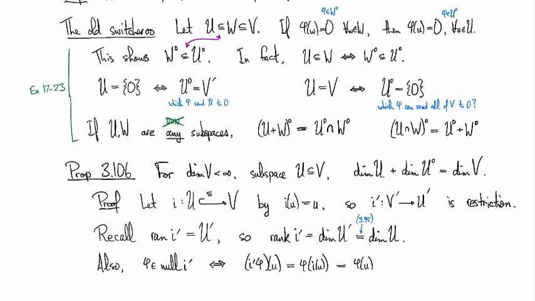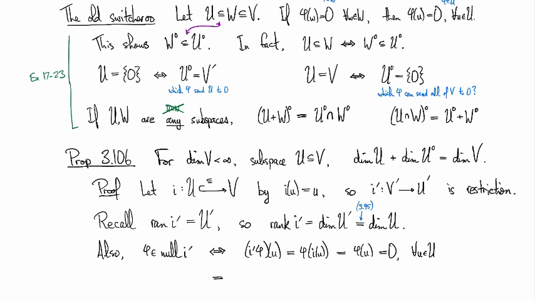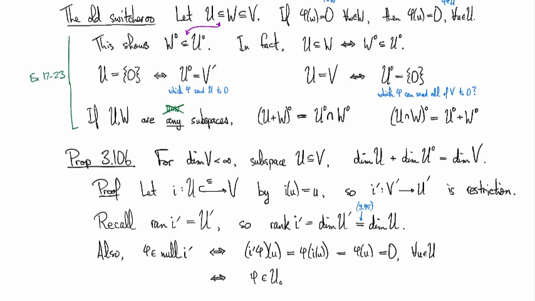And so recall, since we're in the null space of I prime, the guy on the left has to be equal to 0 for all u. And that tells you that phi of u is equal to 0 for all u. And that's exactly what it means to be in the annihilator of U. Right? So we just discovered that the annihilator of U is the null space of I prime.